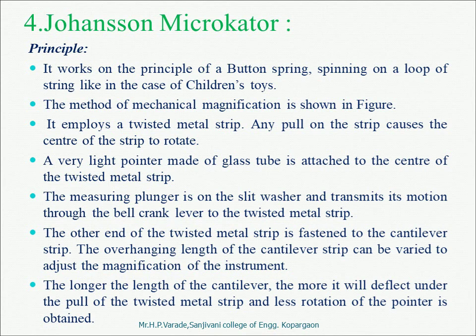The overhanging length of the cantilever strip can be varied to adjust the magnification of the instrument. The longer the length of the cantilever, the more it will deflect under the pull of the twisted metal strip and the less rotation of the pointer is obtained. Please see the figure.